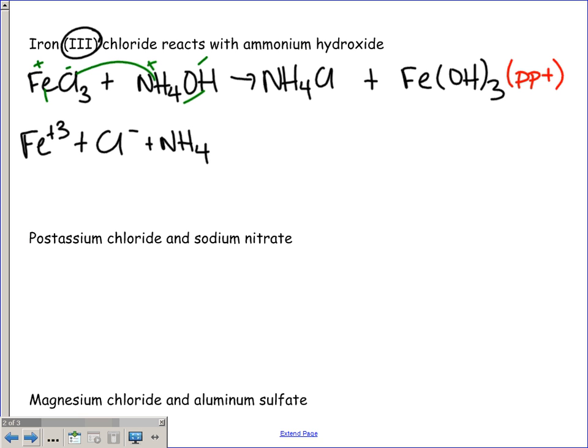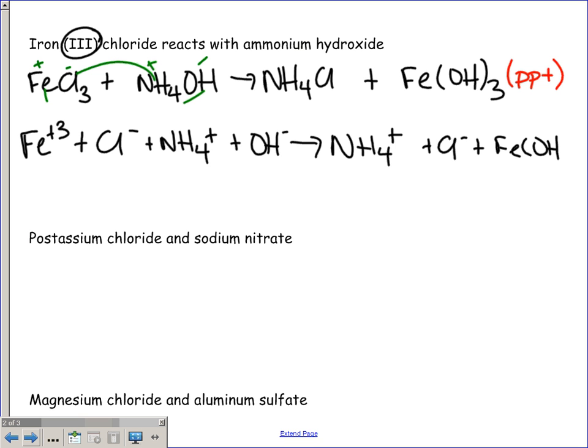I'm just breaking apart the compounds and writing them based on the ions that they form. And we are going to assume that everything, with the exception of Fe(OH)3, is soluble. So I've ionized all of my pieces except for my insoluble solid.